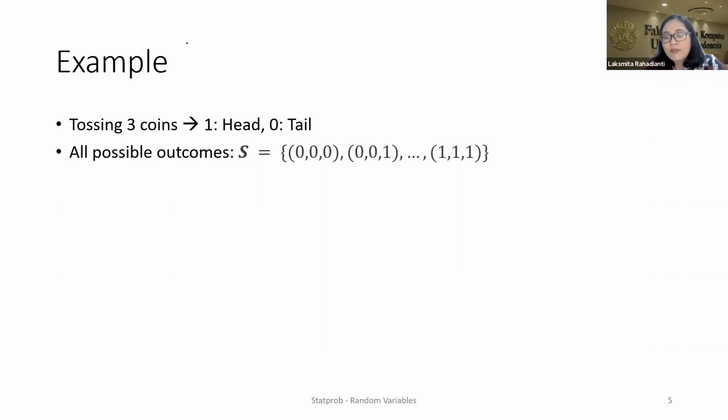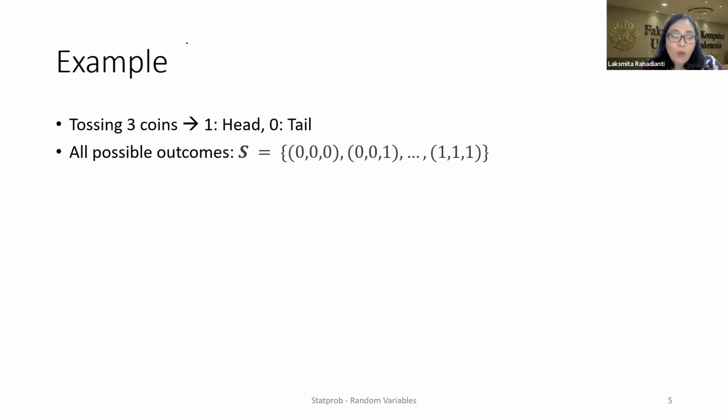In this case, I denote heads as 1 and tails as 0. I could write down all possible outcomes, 0, 0, 0, 0, 0, 1, and so on. However, I'm not actually interested in knowing what exactly comes up. I don't care if it's 0 or tails, or 1 or heads.